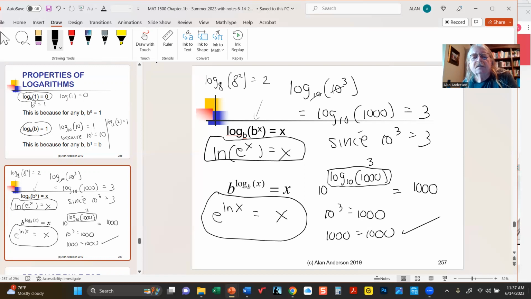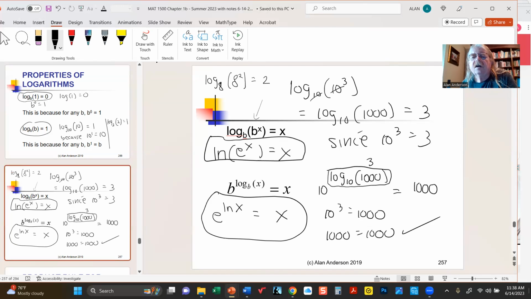Now, this one follows by the same logic. B to the log b of x is x. So let's look over here. This is saying that 10 raised to the log 10 of 1,000 power is 1,000.